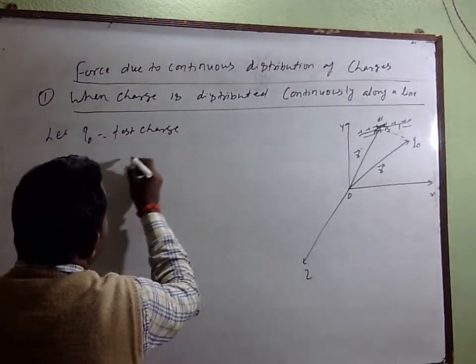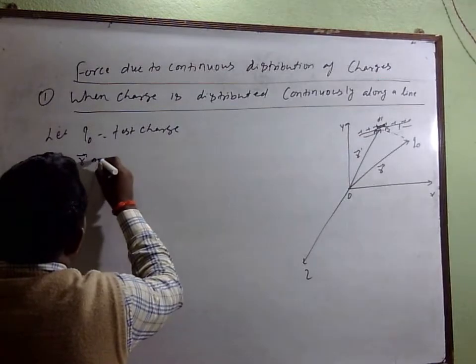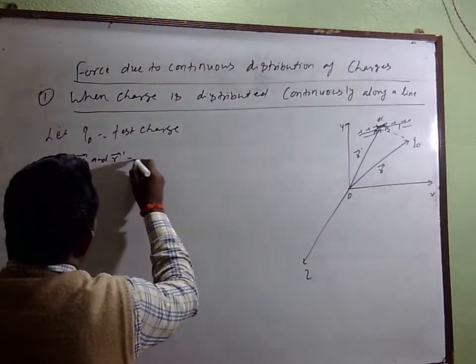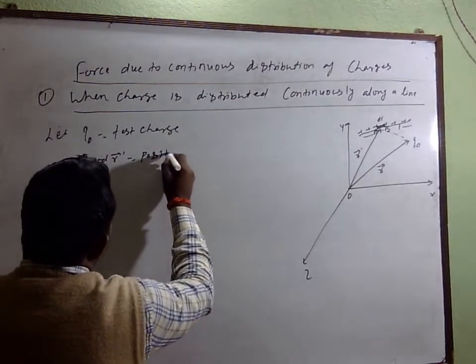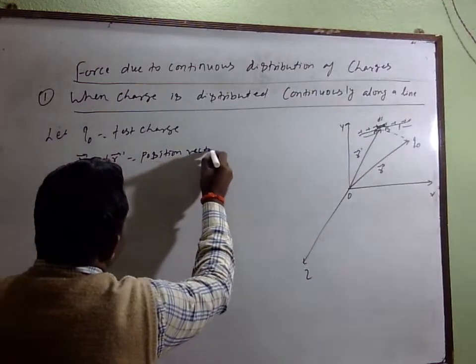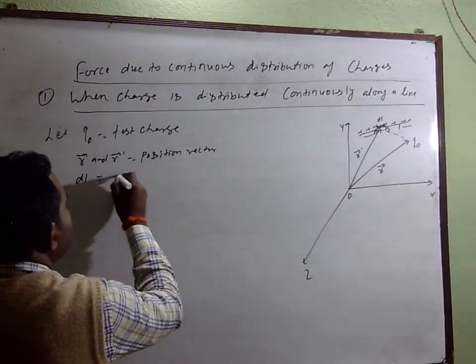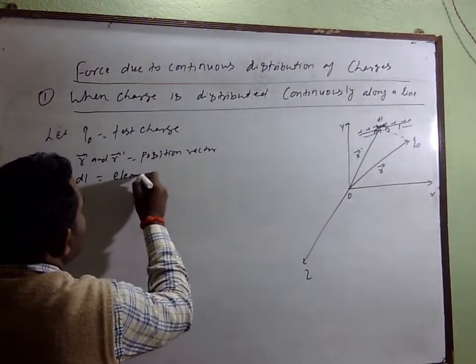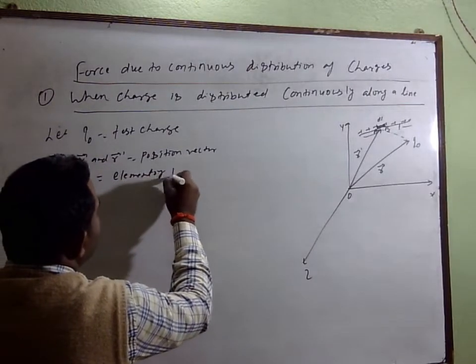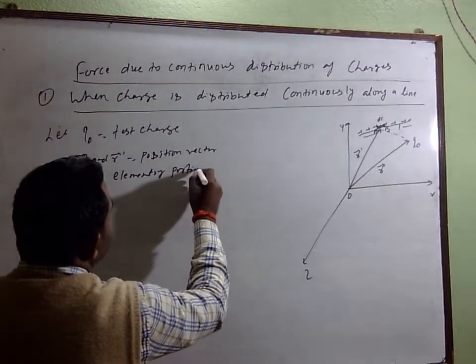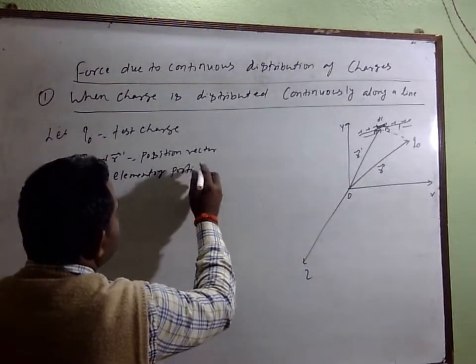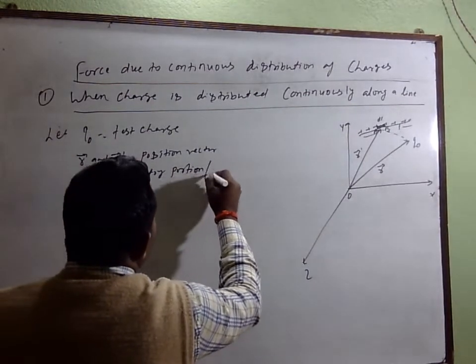We write vector R and R dash equal to the position vectors. dL equals the elementary portion, or length.